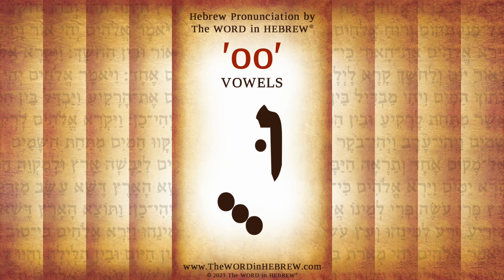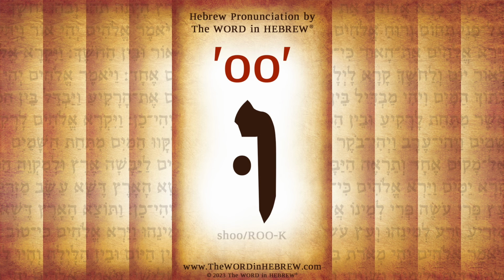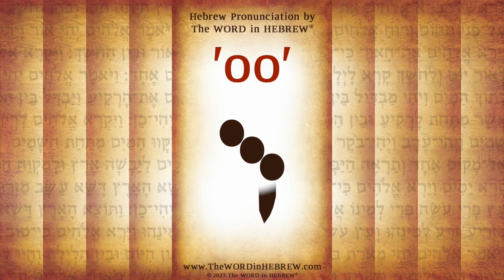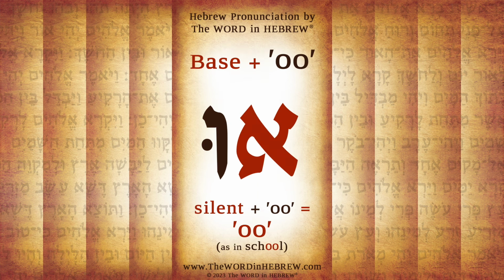There are two vowels that add the sound oo. The shuruk, which you can think of as a punch in the belly that makes you go ooh. And the kubutz, that also makes ooh. Now let's look at some examples. Aleph is silent on its own, plus oo makes oo, as in school.